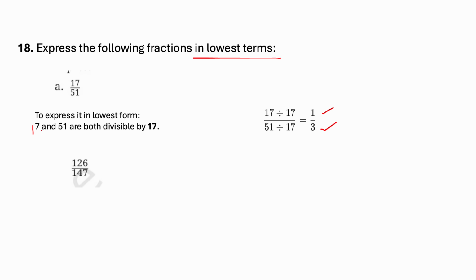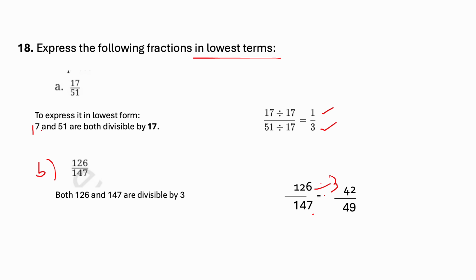Next one we have, one more question is there, 126 by 147. Here both 126 and 147 are divisible by 3. See, 126 divided by 3 is 42. Then 147 divided by 3 is 49. Both 42 and 49 are divisible by 7.